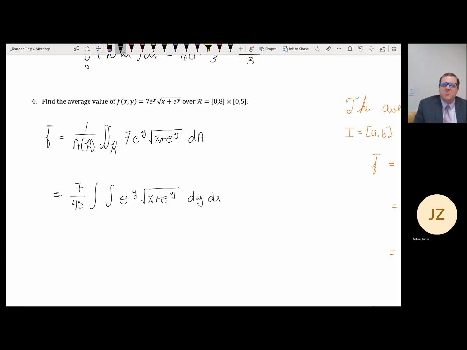I'm going to do dy dx. Where did you get 40 in the denominator? It's the area of the rectangle.